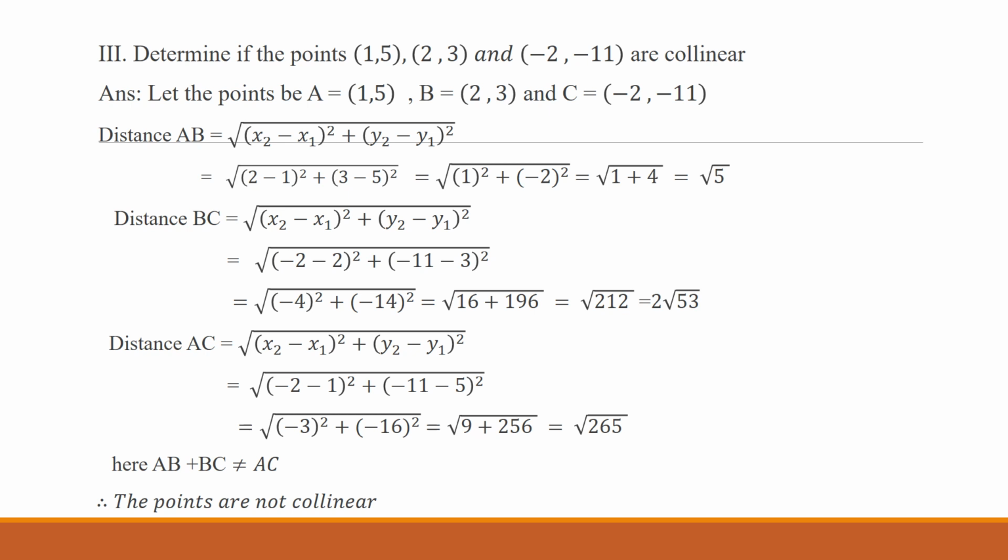Here we can take the two smaller sides as root 5 and root 212. When we add, we are able to see it is not equal to root 265, and therefore we can say the points are not collinear.